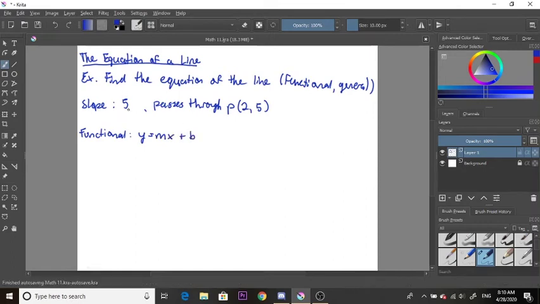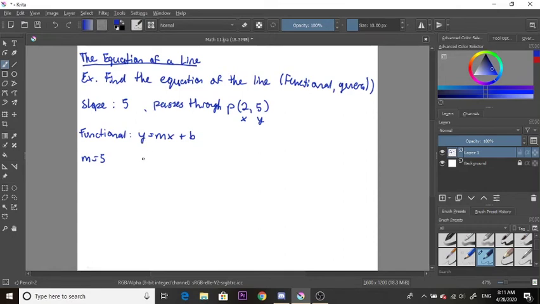So we know that our slope, m, is equal to 5, but we don't know what b is. However, we have this point that this line goes through, and this is our x and our y. So we can find what our b is by putting in our slope for our m, and then putting the 2 for our x, and then the 5 for the y.